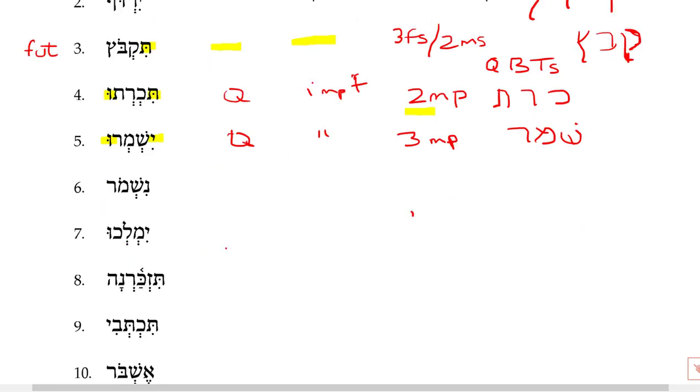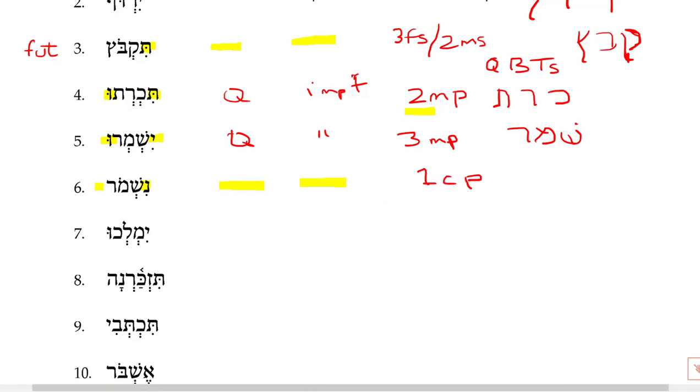Okay, let's go to number 6 here. This is a new one that we haven't encountered yet in these exercises. So we have a prefix of nun, so that's nishmor, and no suffix, and shamar is our root. So we'll just say Qal imperfect, we don't need to write those out. And then we have a first common plural.